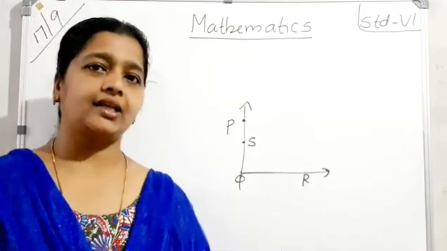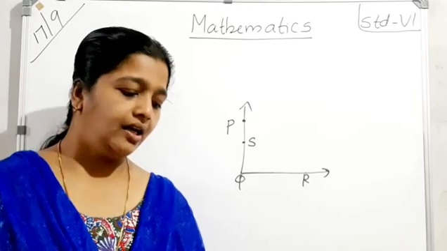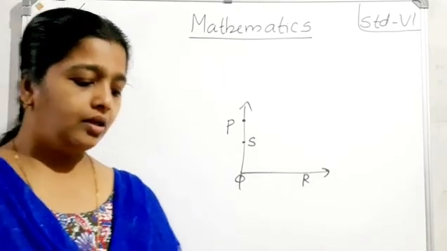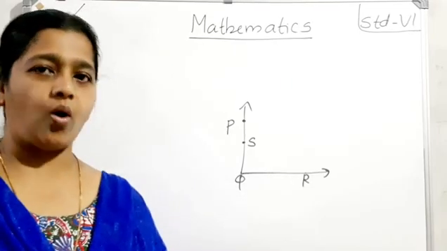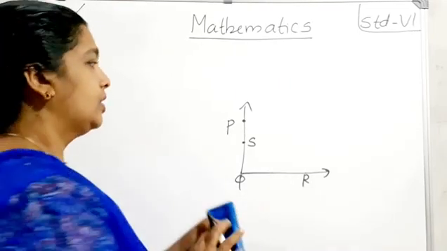Next, we studied about the circle. Say the definition of circle. Circle is the path of a point moving at the same distance from a fixed point.